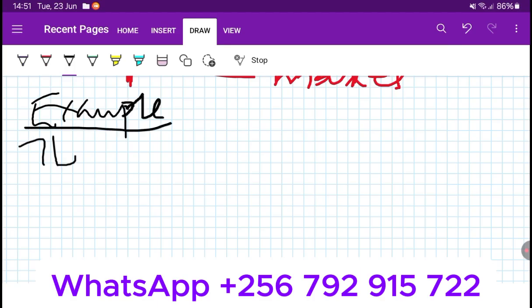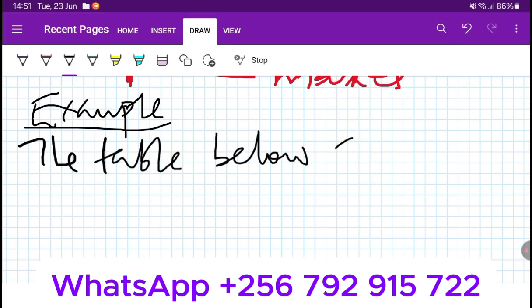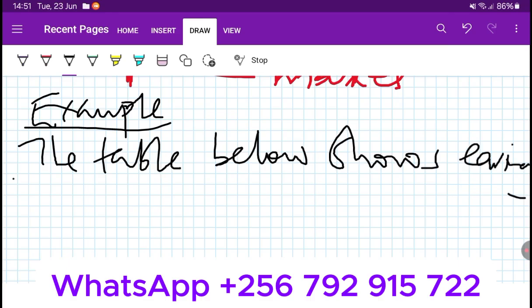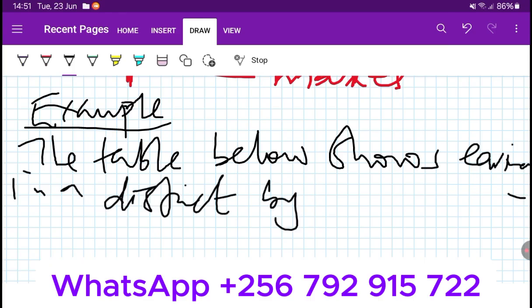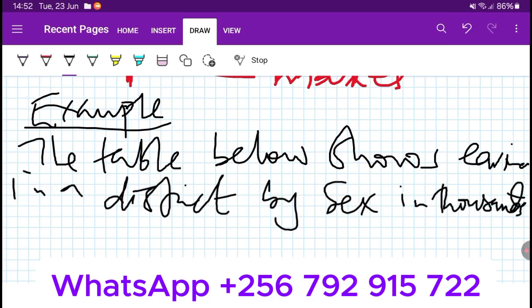The table below shows earnings in a district by sex in thousands of shillings.